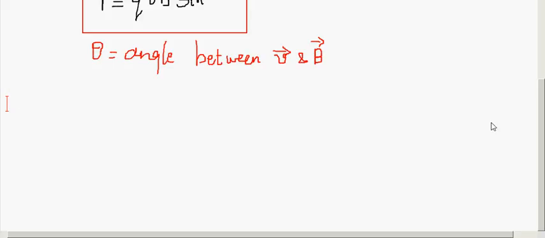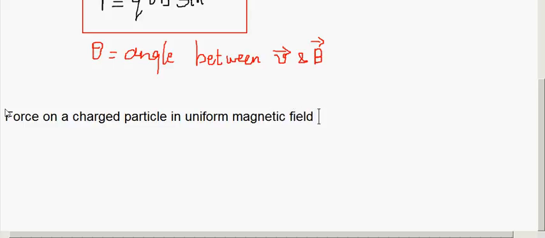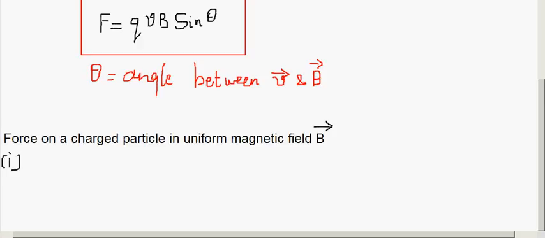Now next we will write force on a charged particle in uniform magnetic field B. First one, if the particle is at rest, that is if v is 0, then force is 0.